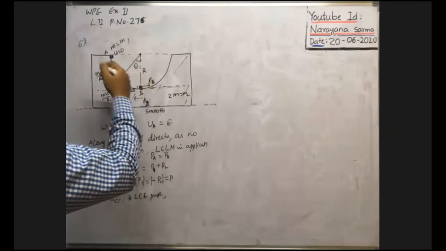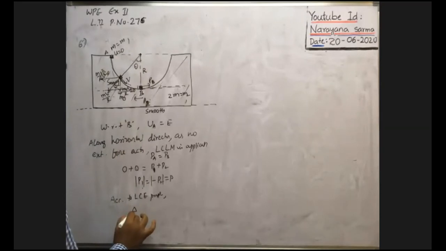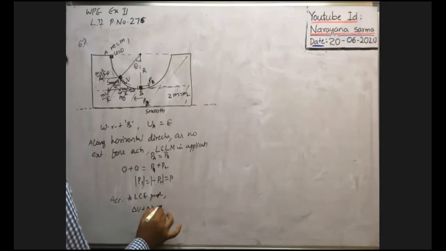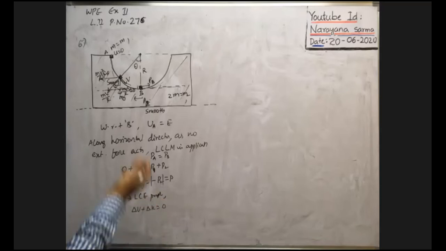According to the conservation of energy principle, change in potential energy plus change in kinetic energy is equal to 0. That means there is no change in the energy of the system. Energy remains constant, but one form is converted into another form.